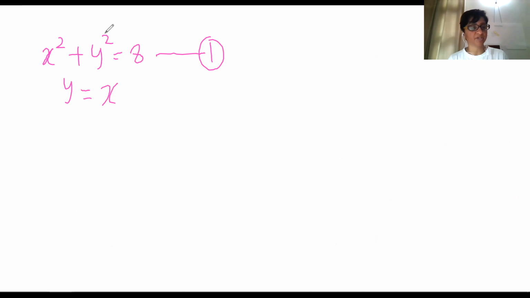Find the intersection points of the circle x squared plus y squared equals 8 and the line y equals x.